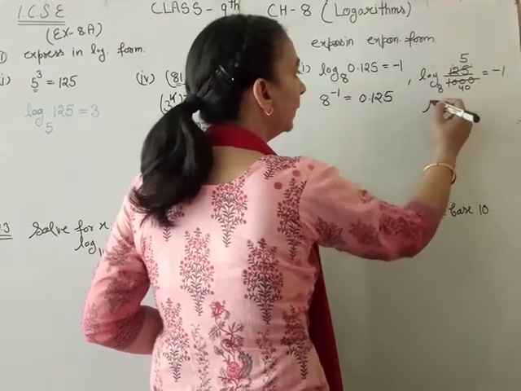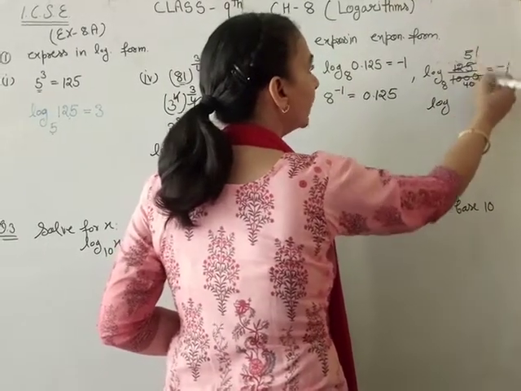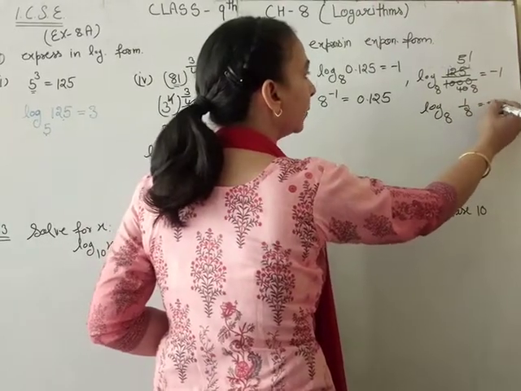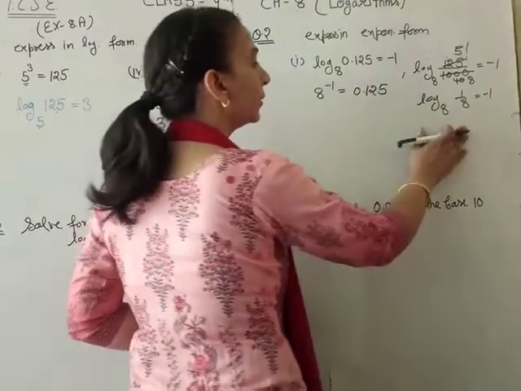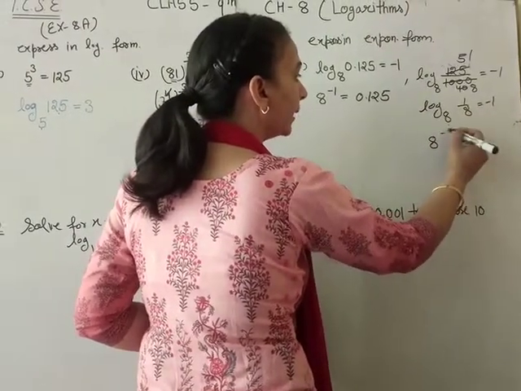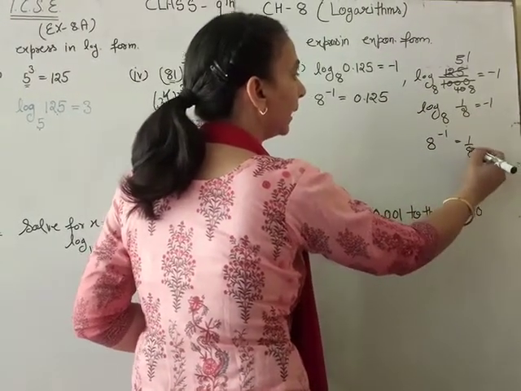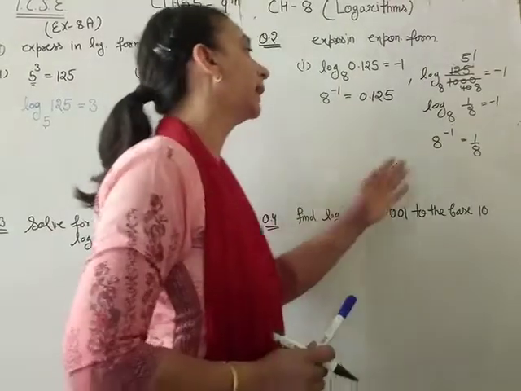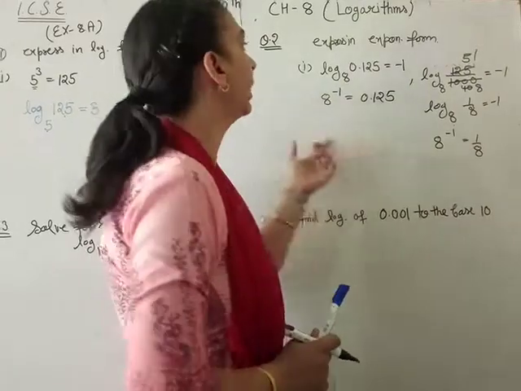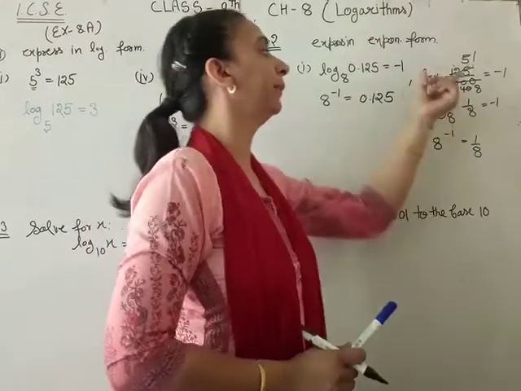Then log of 1 by 8 equal to minus 1. We also write in exponential form, 8 raised to the power minus 1 equal to 1 by 8. And student, we know that 8 raised to the power minus 1 equals 1 by 8. So we can write it in this form also.